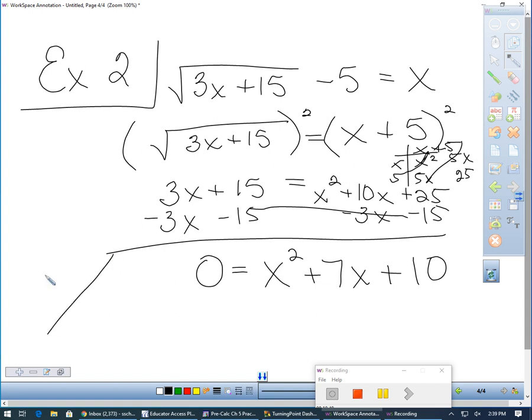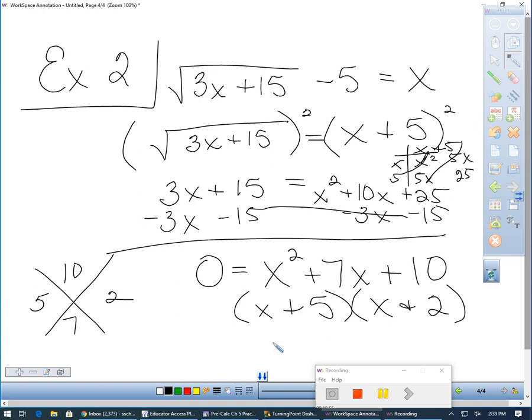So we're going to factor this. 10 on top, 7 on the bottom. What do I have? 5 and 2. I agree. So I have x plus 5 times x plus 2. Alright, so that means I get x equals negative 5, and I get x equals negative 2.